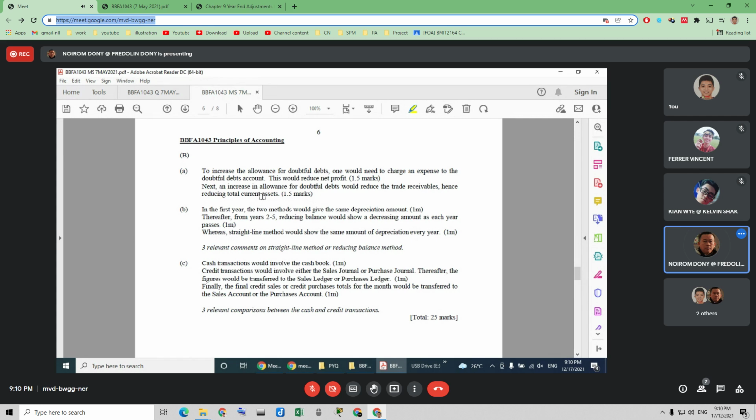Now, B, suppose a company was choosing between straight line method 20% and reducing balance method 20% for the depreciation policy. Compare the above two methods over a period of 5 years. So you are explaining what would be the effect if we are trying to distinguish between straight line and reducing balance method.